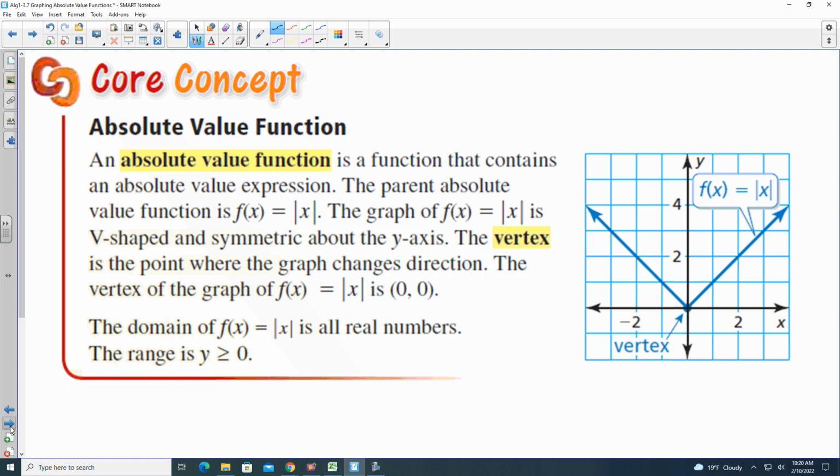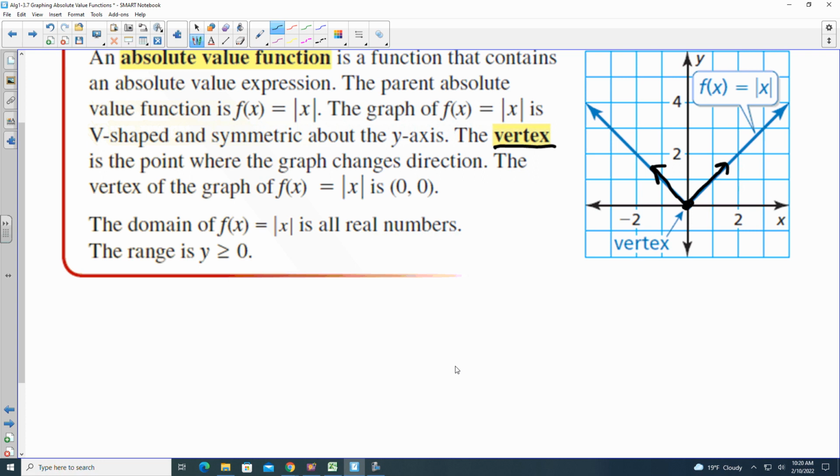Now, every single absolute value function is going to have a vertex, okay? So the vertex is going to be an indicator of where the graph is going to go. In this case, the graph will be going this way, and the graph is going to be going that way.